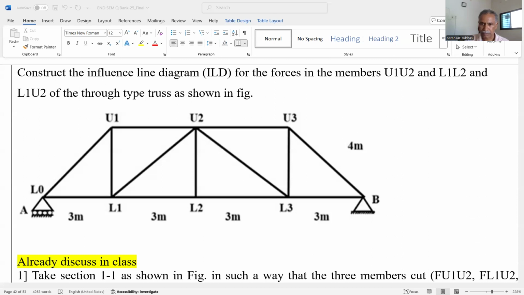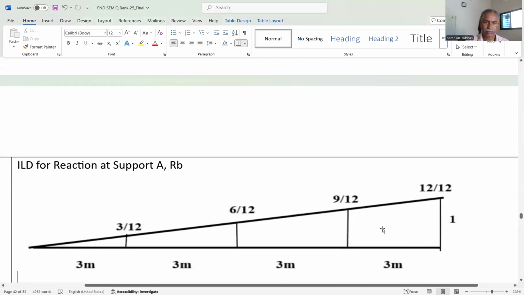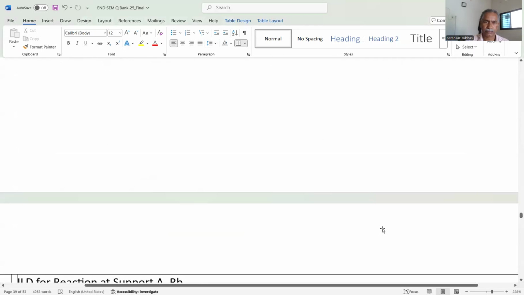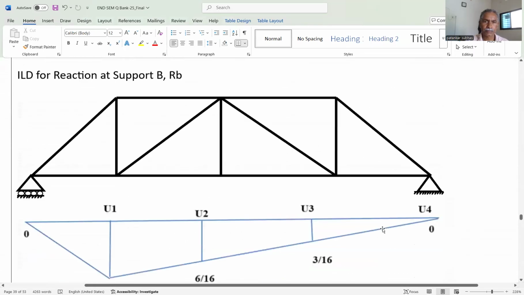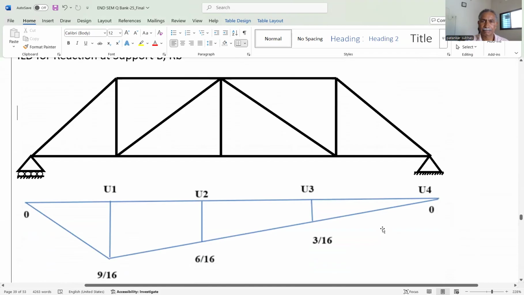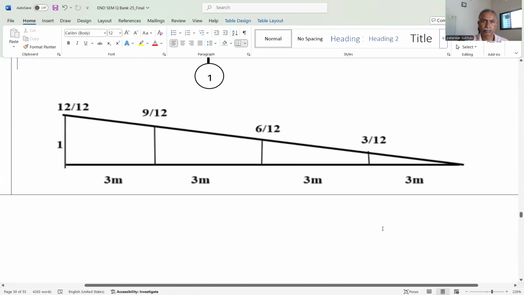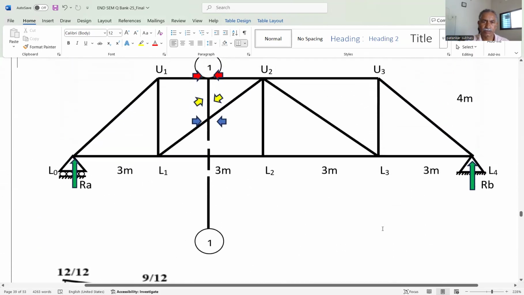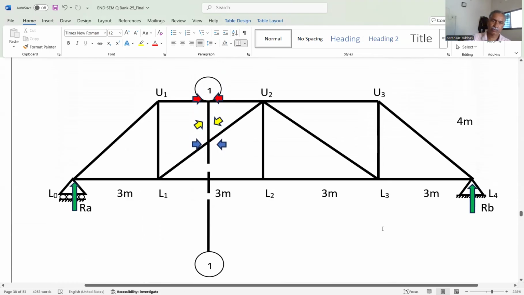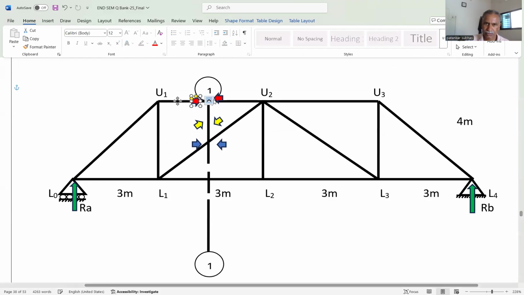See the diagram. This is the diagram which shows the section 1-1, which separates U1U2, L1U2, and L1L2. After separation, what happens?